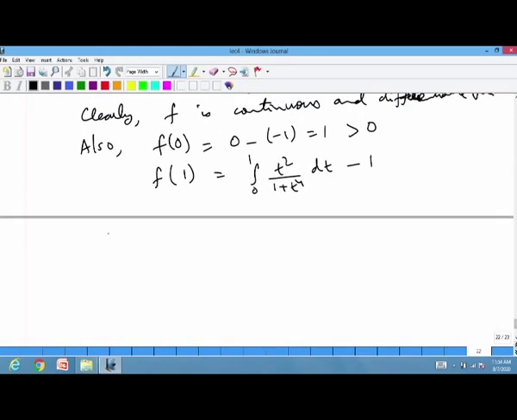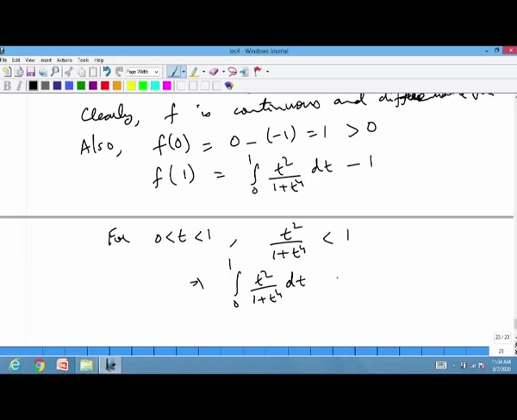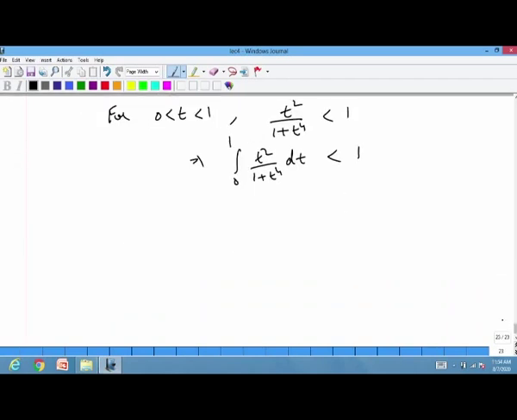Now, for t between 0 and 1, t square by 1 plus t to the 4 is strictly less than 1. So, therefore, the integral 0 to 1 of t square by 1 plus t to the 4 dt will be less than 1, and therefore, f of 1 is, the difference is negative.